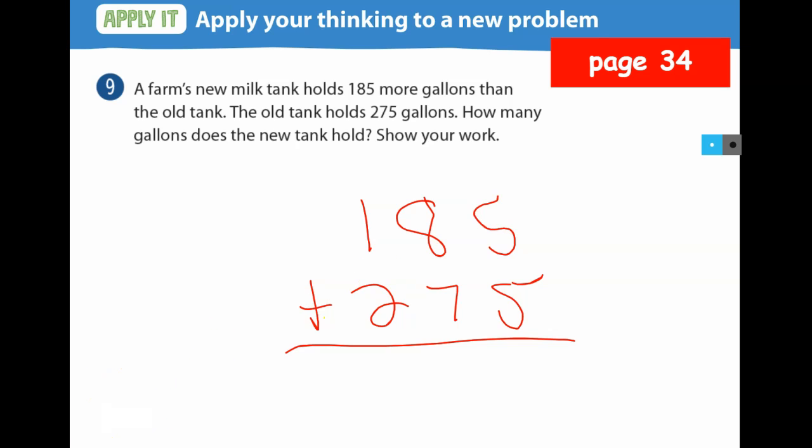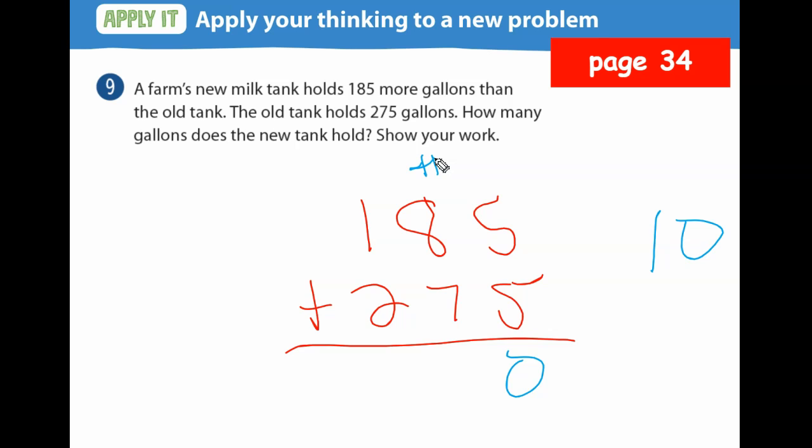All right, so I need to add. Okay, what numbers am I adding first? Yeah, the numbers in the ones place, right? So what's 5 plus 5? 10. What number goes at the bottom? 0. And what do I carry? 1.